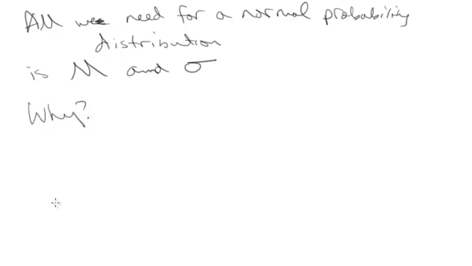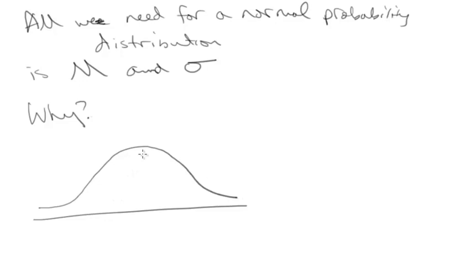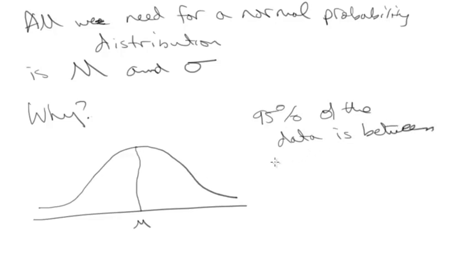Let's talk about sigma first. What we know about sigma, pretty much, is that it measures variation. Here's the mean. And we know that 95%, almost all the graph of the data, is between the mean minus 2 standard deviations and the mean plus 2 standard deviations.